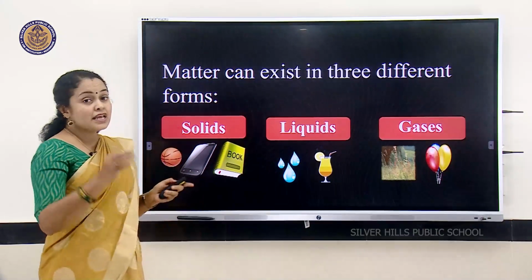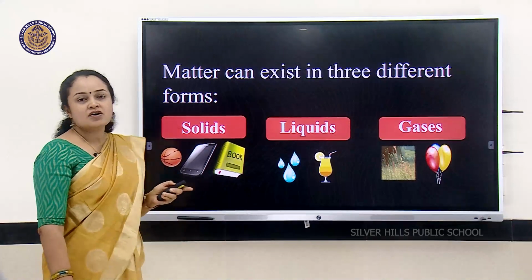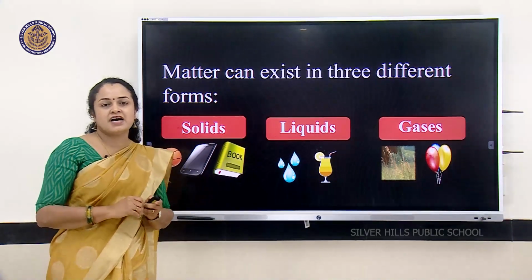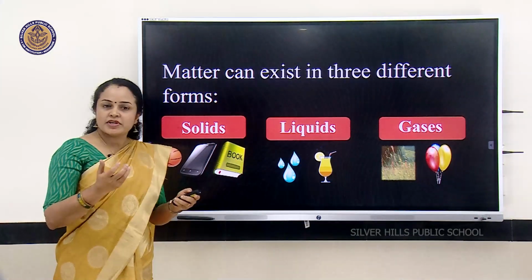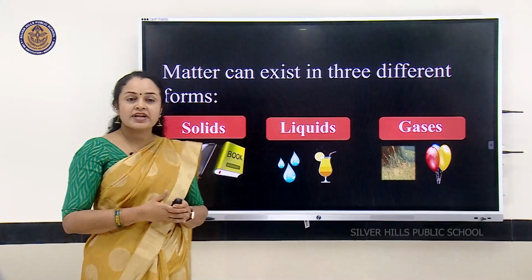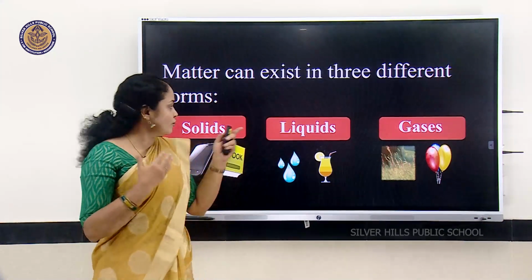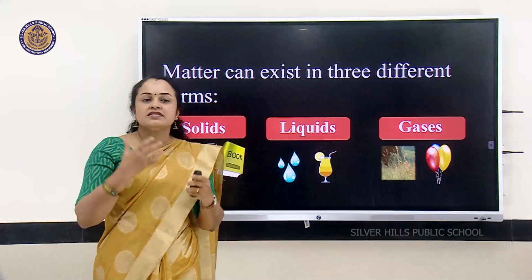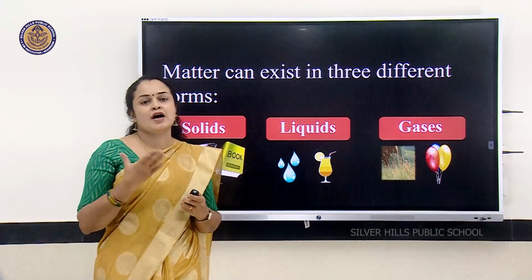The three common states of matter are, first, solids. The ball, the mobile phones, the book, all these are examples of solids. Next one is liquid. Liquid means the water, the juice which you drink, the milk, oil, all these come under the group of liquids. Then come the gases. Gases means what? The air which you breathe in, oxygen, carbon dioxide, all these come under the group of gases.